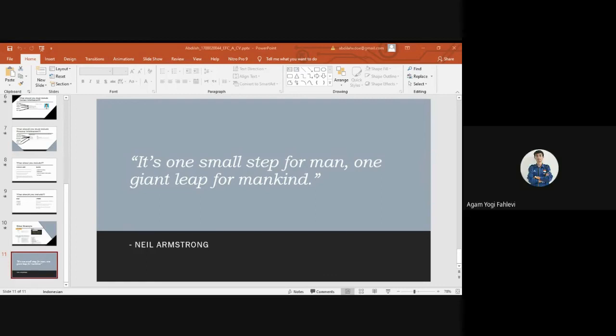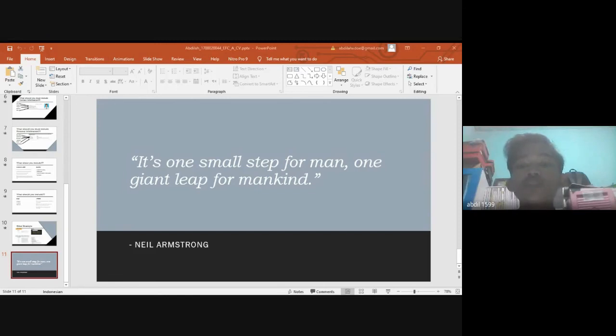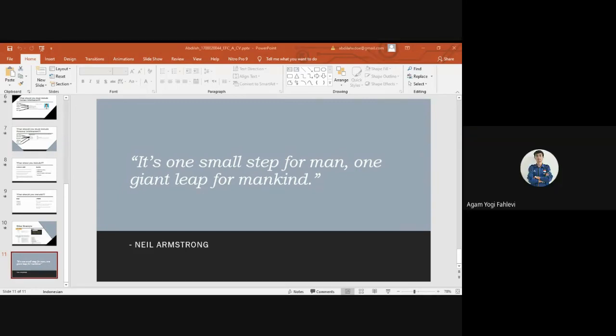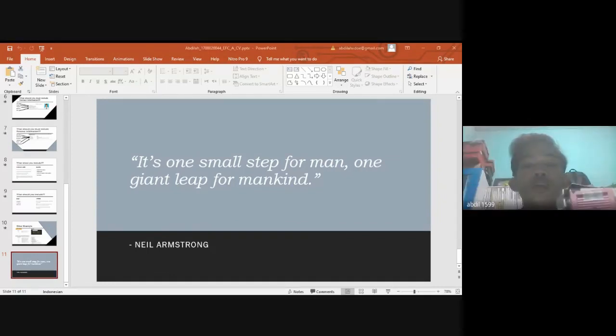Number three, interesting. Make sure you write a curriculum vitae that can attract recruiters to read your CV first compared to other people's CVs. Number four, describe yourself briefly.